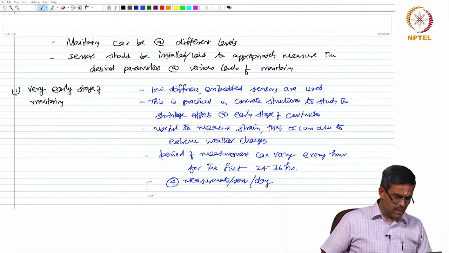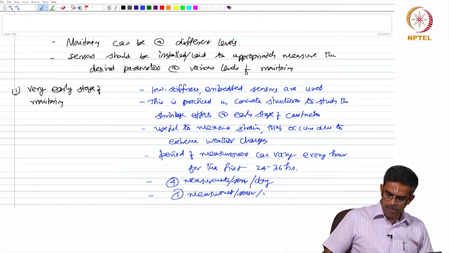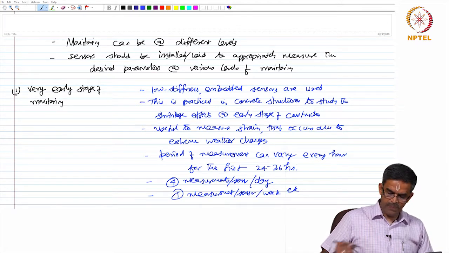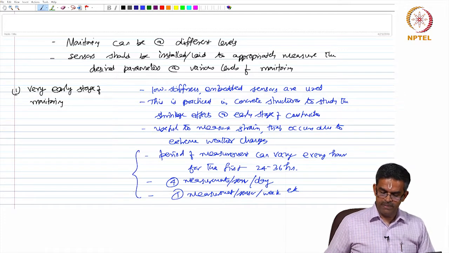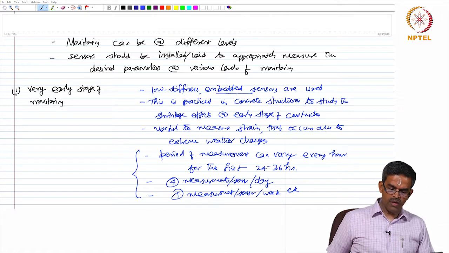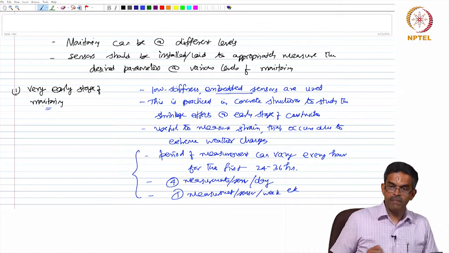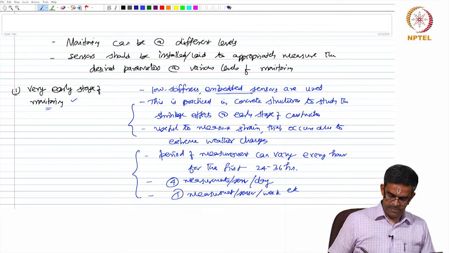It can then later go on to 1 measurement per sensor per week, etc. So, the period of measurement varies depending upon the demand. The type of sensor choice also varies depending upon the type of monitoring. Application also varies depending upon the type of monitoring.